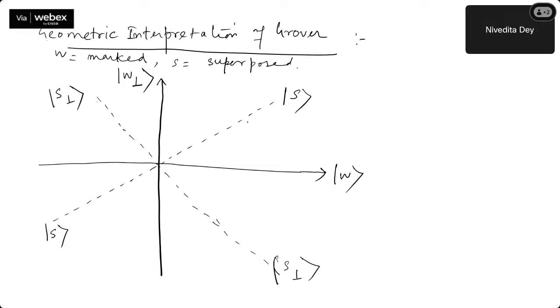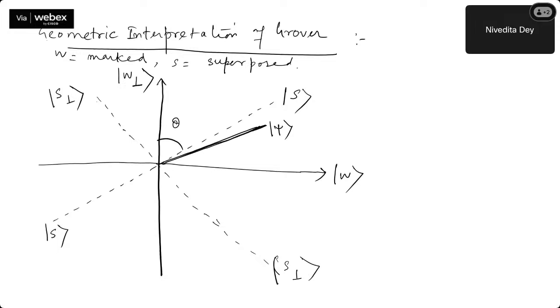Say phi is that arbitrary state that will be operated on by all the operators of Grover. So phi is basically somewhere here, at this position. Say the S, or the superposed state, is making an angle of theta with respect to the perpendicular of the marked state.